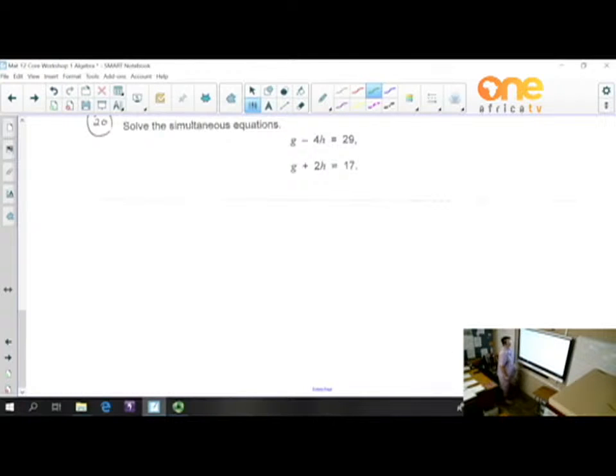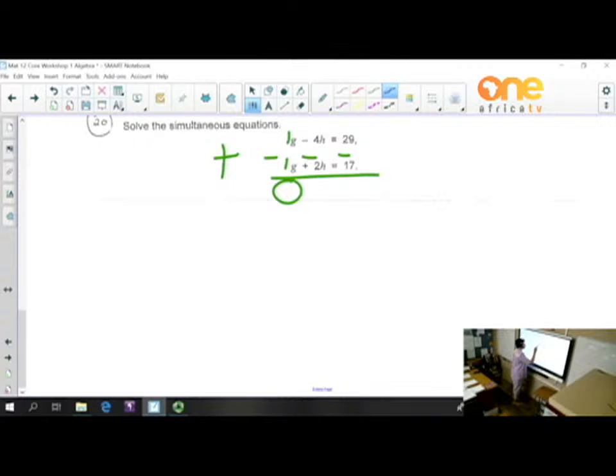Solving simultaneously again. So this time I want to eliminate g because it's 1 and 1. Again, if I add it, I'm going to get a 2. So I need to subtract, and that means I change all the second signs, the whole row. You change the sign and you add. So 1 minus 1 is 0. So now we've eliminated g.